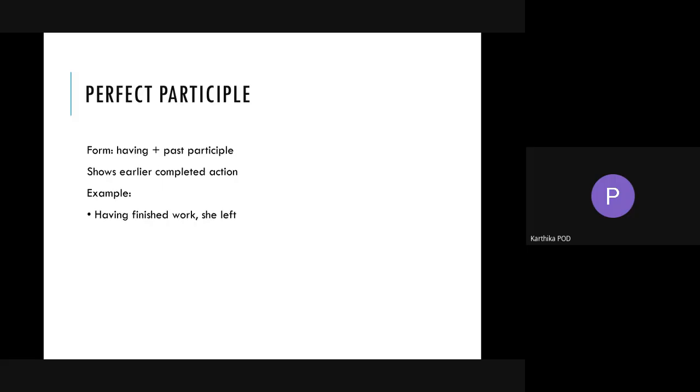Perfect participle, how do you identify that? The form is that you have to have the word having and then the past participle. For example, having finished work. Having finished work, I went for a stroll.